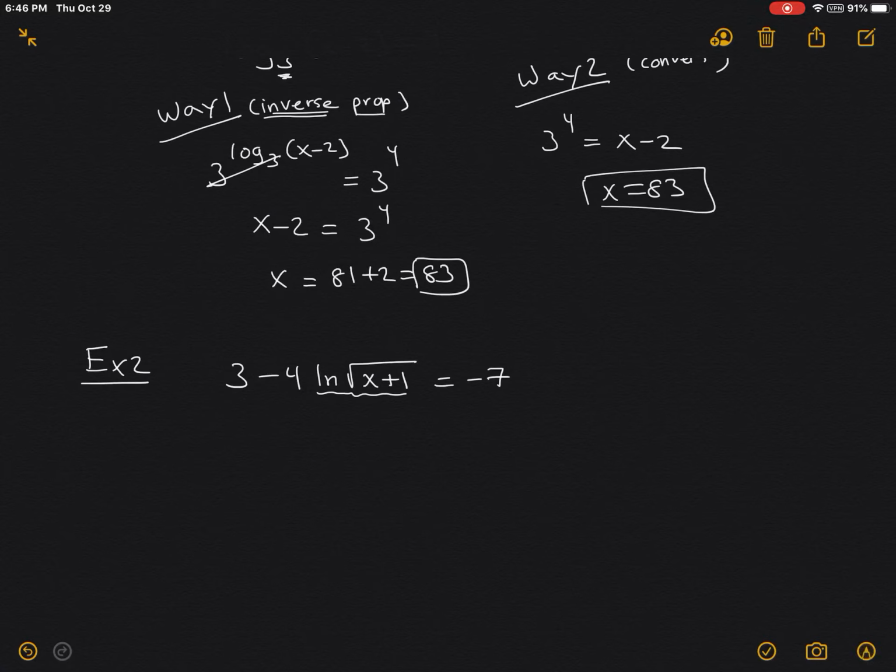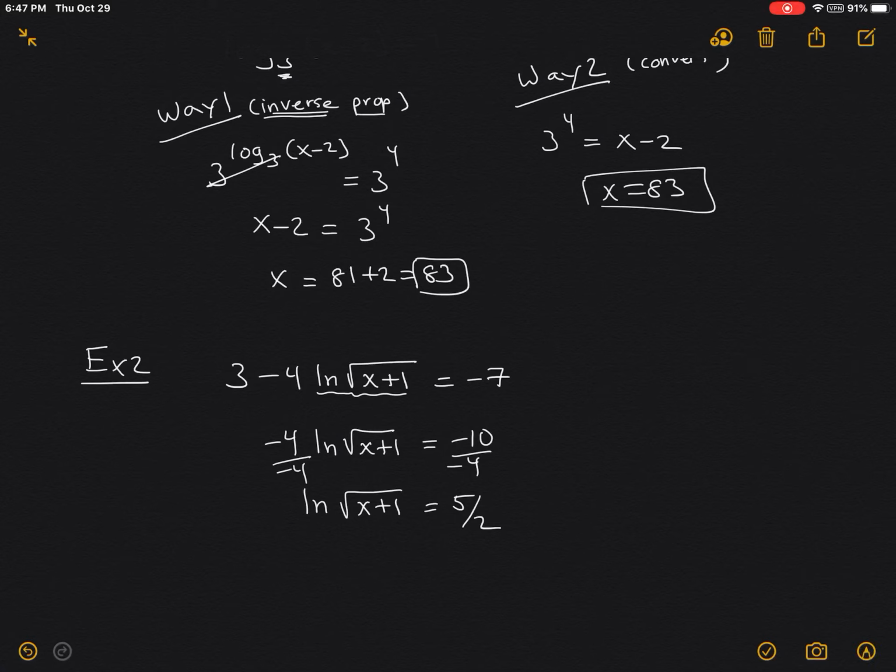I still need to get this logarithm right here by itself. And so I would subtract 3 on both sides first. All right, if I subtract 3, I'm going to get negative 10. And then divide both sides by negative 4. Okay, so if you divide both sides by negative 4, you're going to end up with positive 5 over 2.